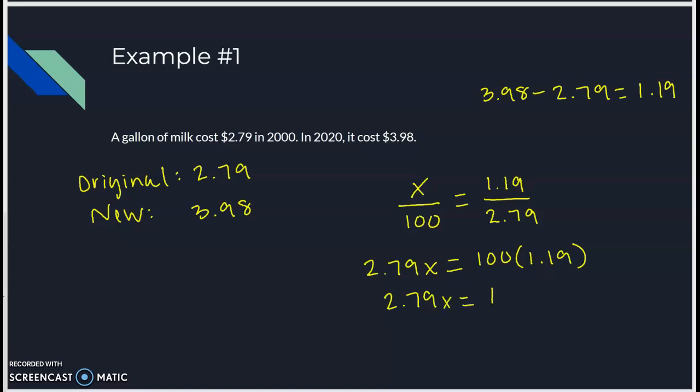This becomes 119. Then we divide by 279 on both sides of the equal sign. And x equals 42.65, and it goes on and on and doesn't stop. So we're just going to leave it right there at 42.65%.